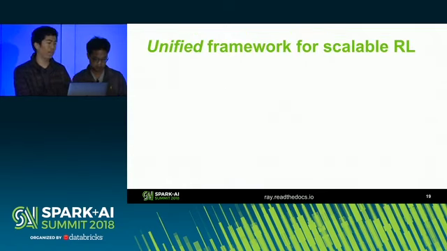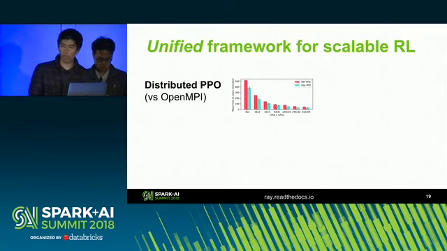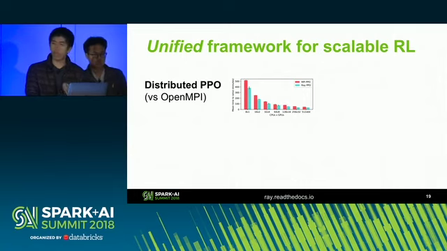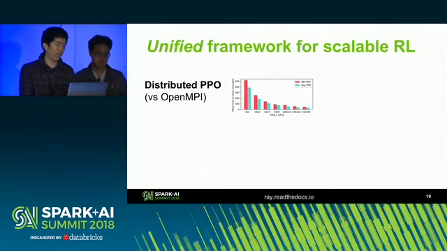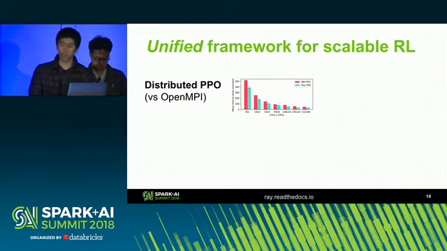RLlib is also a unified framework for many scalable RL algorithms. Let's consider PPO, which is a state-of-the-art RL algorithm for high-dimensional control. We compare our scaling of RLlib against an MPI-based implementation up to 500 cores, and we're able to achieve faster performance.